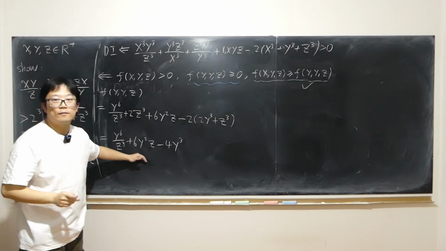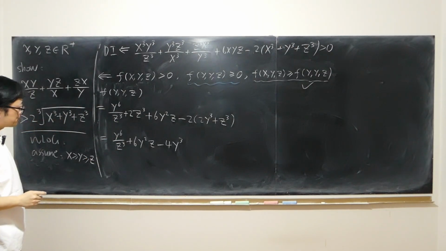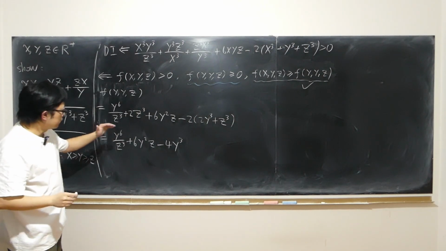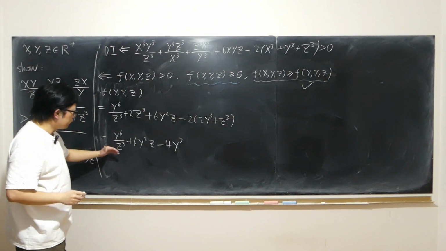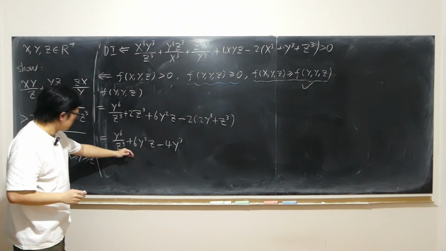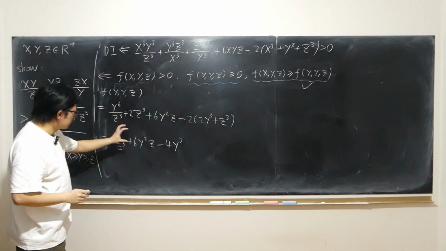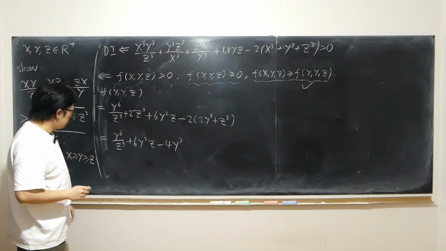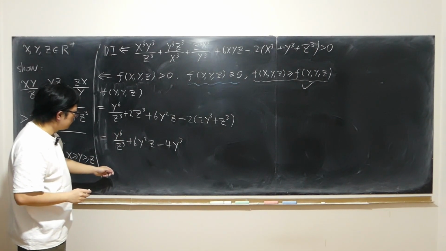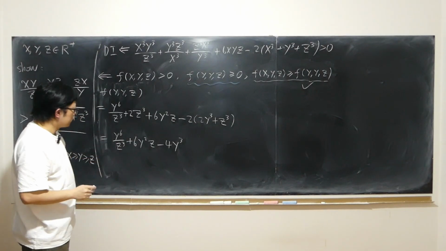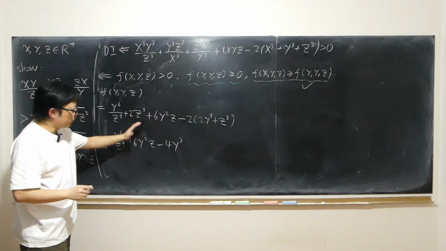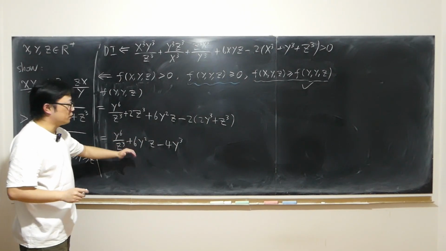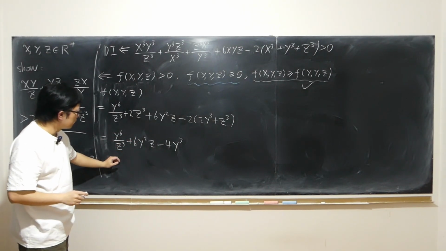That's all we have. So immediately we cannot tell if this thing is greater than 0. If you loosen it a little bit, how can you loosen? You replace y with z, make it smaller. It becomes z cubed plus 6z cubed, 7z cubed, minus 4y cubed. It won't tell you much. You cannot definitively say if it's greater than 0.